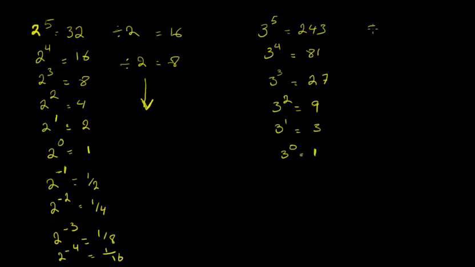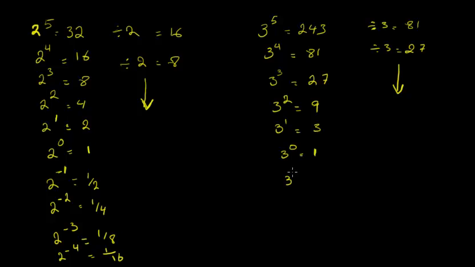So far, all of them are divided by 3. 243 divided by 3 is 81. 81 divided by 3 is 27. So again, the pattern is going down. Let's continue our numbers to the negative.